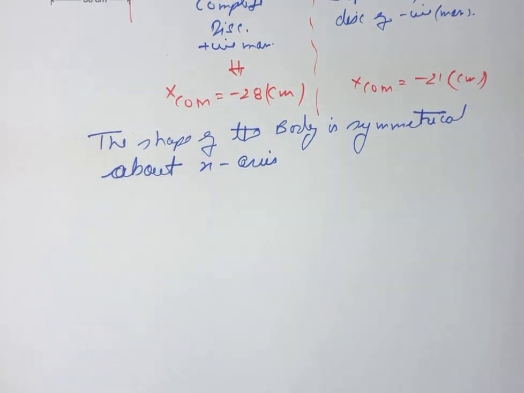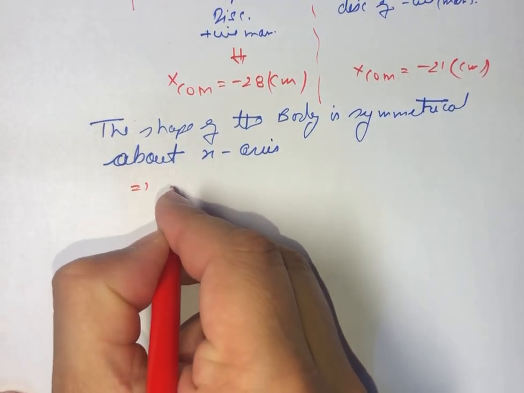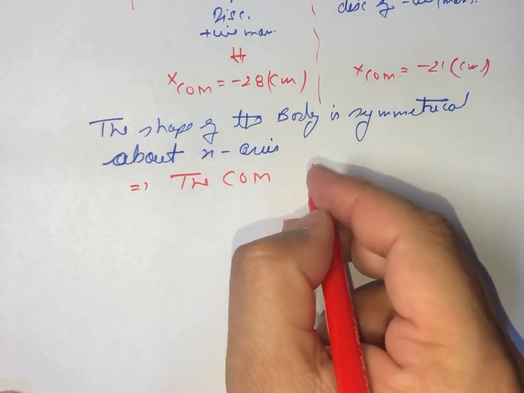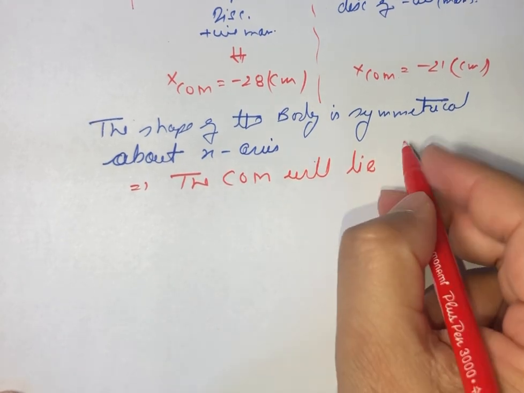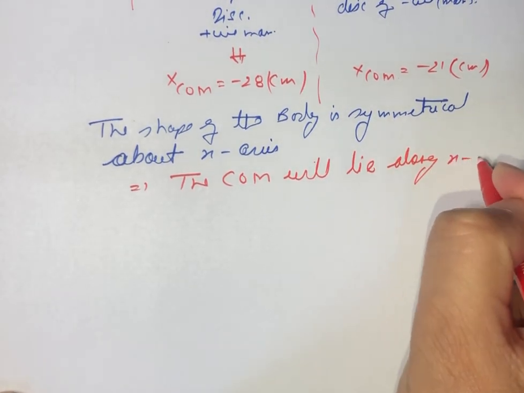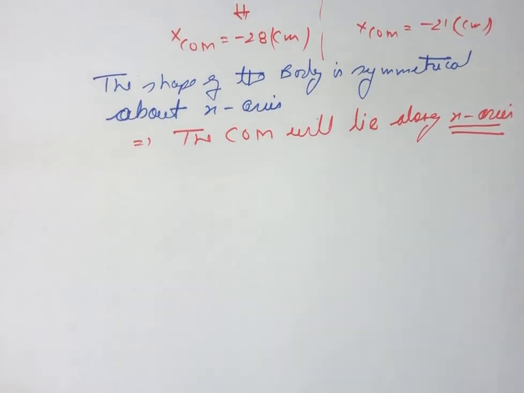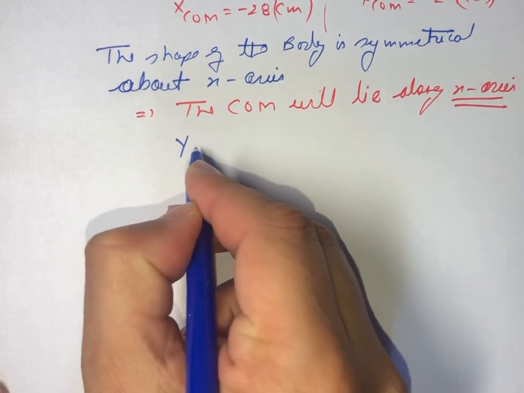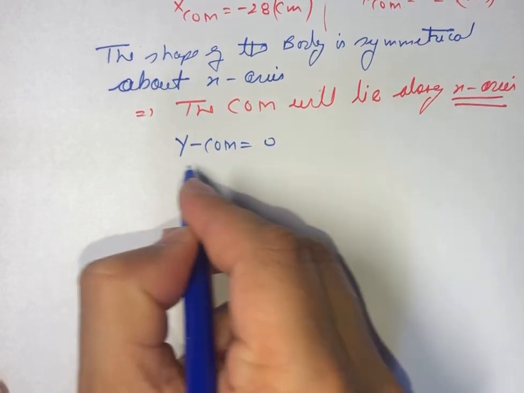Therefore, the center of mass will only lie along x-axis. Or simpler, we can say that the center of mass along y-axis, y center of mass, will be equal to 0.